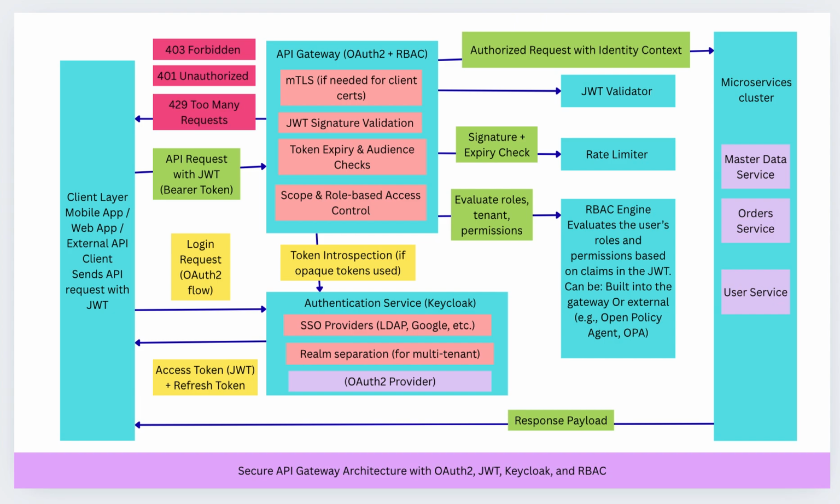Then we have a list of user roles assigned to this identity, and this tells us what the user is allowed to do. For example, admin, logistics user, or viewer. Our RBAC engine uses this claim to decide whether the user can access a given API.